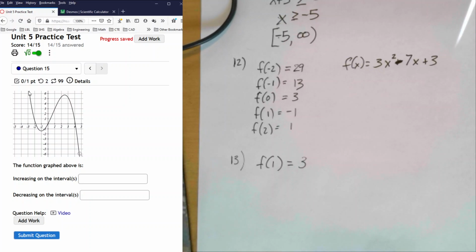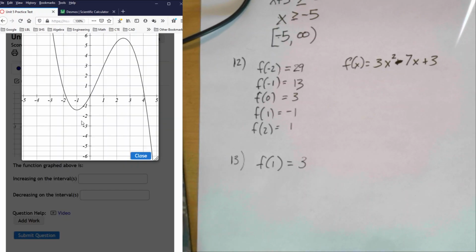Okay, so here they give us a graph, and they want to know where it's increasing. So where is it increasing? Well, it's increasing across here, right? It's increasing from this point right here at -1 all the way up here to, it looks like, 2.5. So make that a little bit bigger.